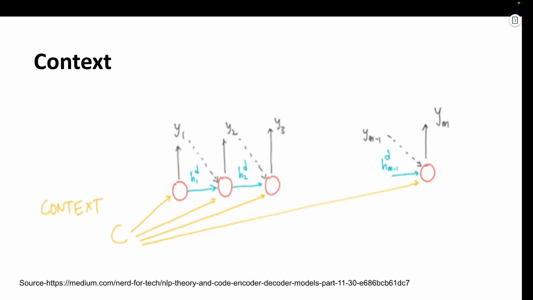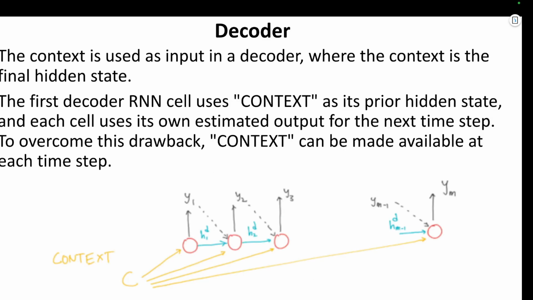Now the context vector is generated by the encoder, meaning it is the encoded information of the input sequence. This context value will be passed to the decoder as an input, and this input is provided to each and every time step in the decoder.